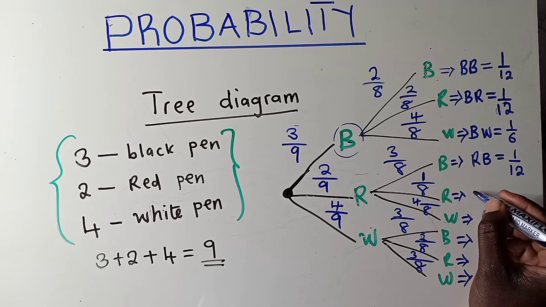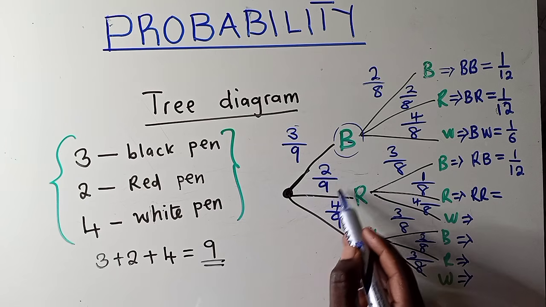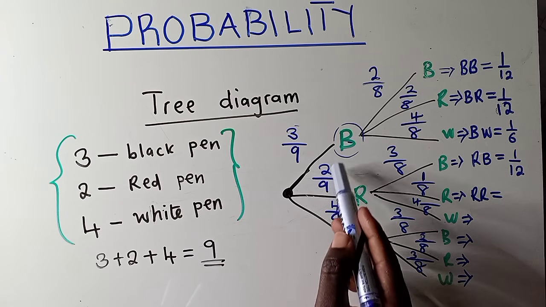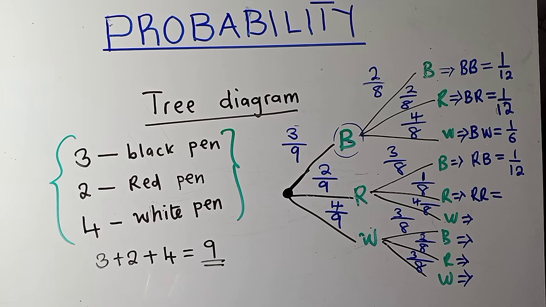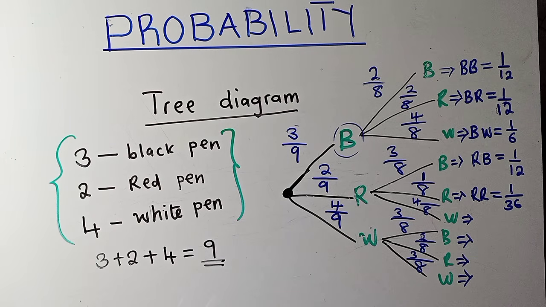We now go to red, this red, again, this red right here. So we multiply 2 over 9 times 1 over 8. I'm getting 1 over 36. I guess you're also getting the same answers.